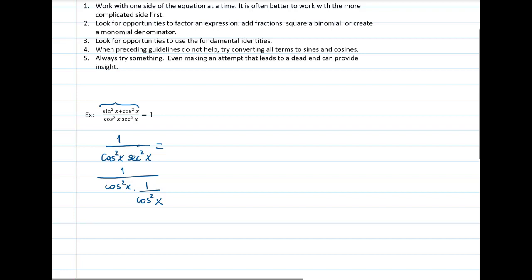This is squared, we have the square in there. You notice how I have a cosine squared that cancels out with the cosine squared there, and that gives me a nice 1 in the denominator. So I have 1 over 1, and that's equal to 1, and we're done. Because we arrived at the other side without doing anything to the right side. So that is verified right there.